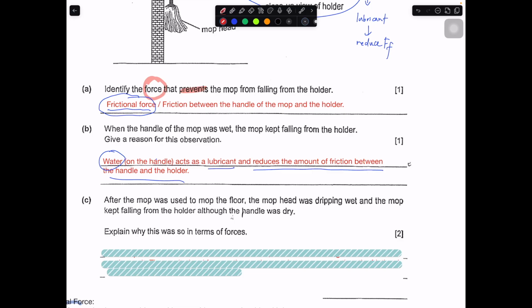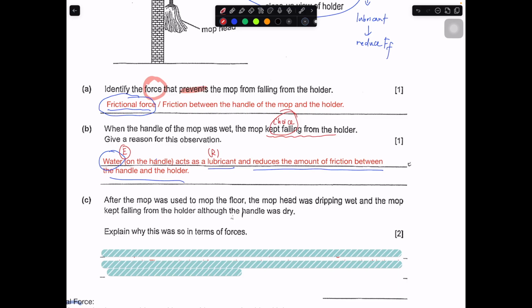The mop keeps falling down is your choice. The evidence is the water on the handle. The reasoning is that lubricant reduces friction. This one is pretty clear cut, a CER question where the C is given.